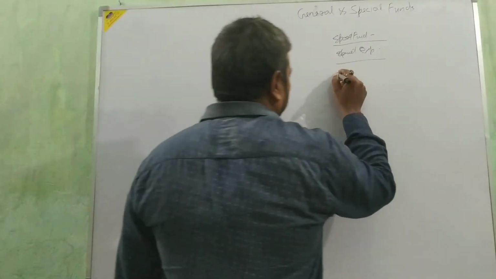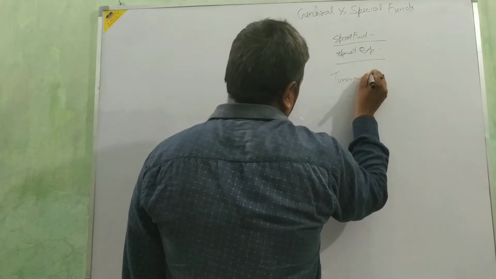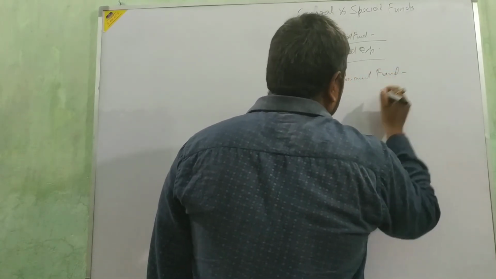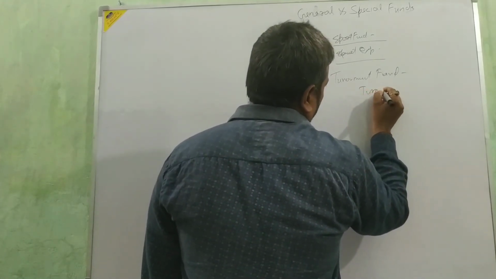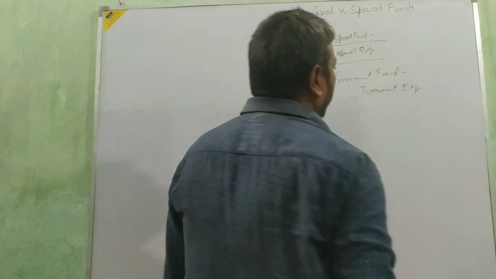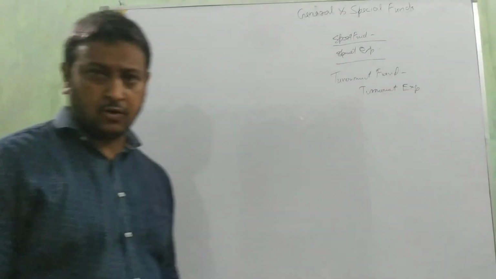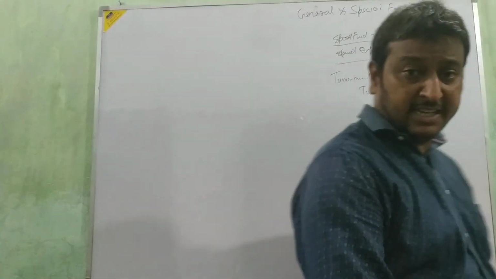If tournament fund is given and tournament expense is given, then that expense we are going to less from this tournament fund only. Okay beta, that we are not going to show in income and expenditure account.